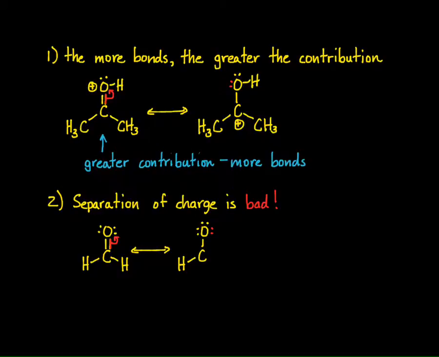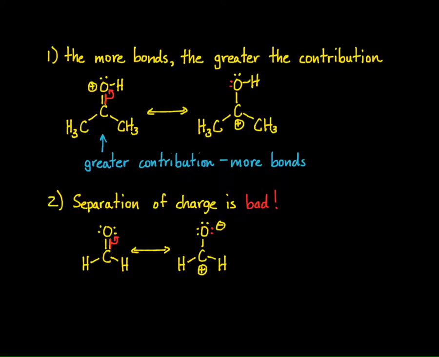Oxygen has 6 valence electrons, 6 minus the 6 non-bonding electrons minus the 1 bond is a -1 charge. And so this is important to denote as well, right? We have a plus on the carbon, just like above, because carbon only has 6 electrons around it, and we have a minus on the oxygen.